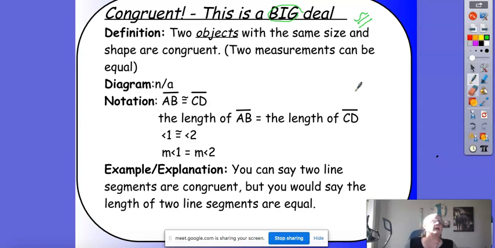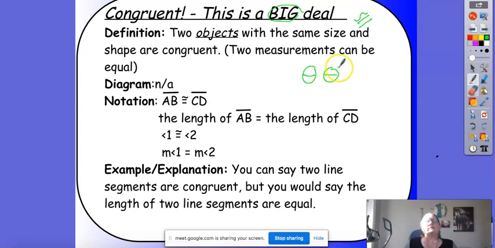If I'm talking about objects, the best example is a circle. I can say those two circles are congruent. They're the same size and the same shape. If I wanted to use the equal sign, I'd have to tell you the diameter here is, I don't know, 1/2 centimeter, and this one's 1/2 centimeter.